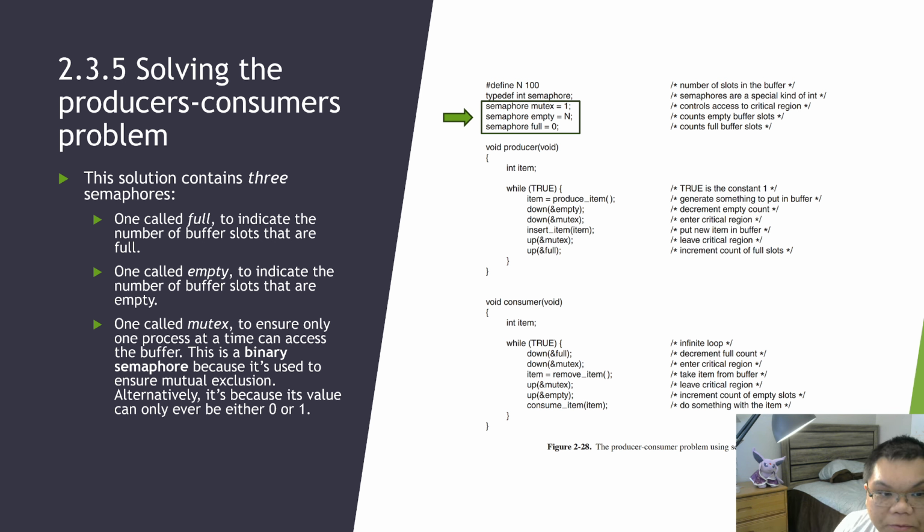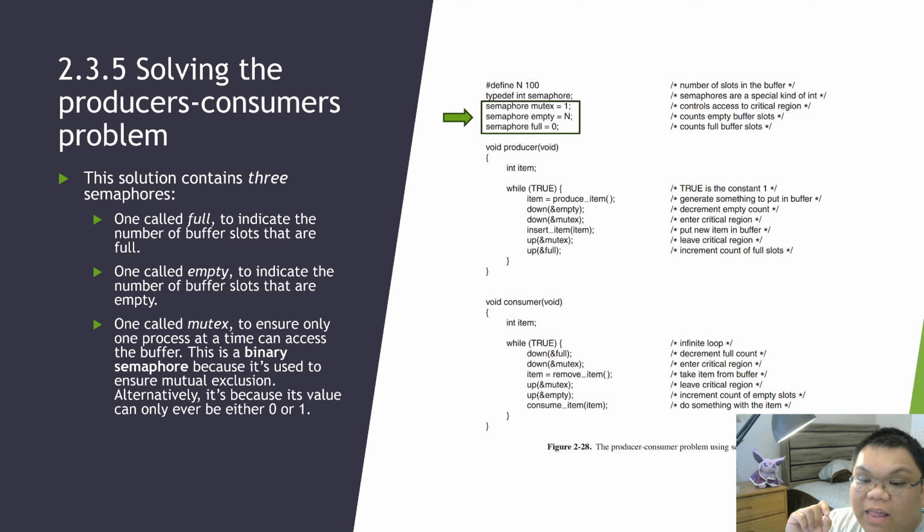semaphore that's called a binary semaphore because it can only ever be the value 0 or 1. We use this, called mutex, to enforce mutual exclusion. And that one controls access to our critical section.